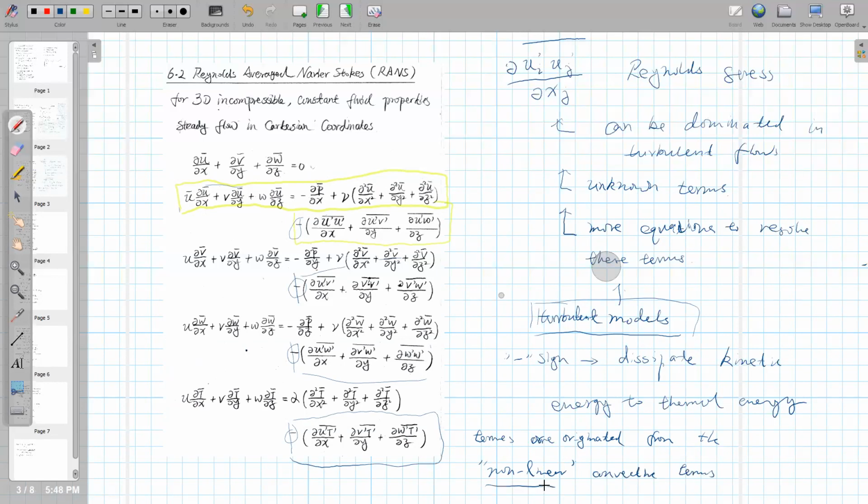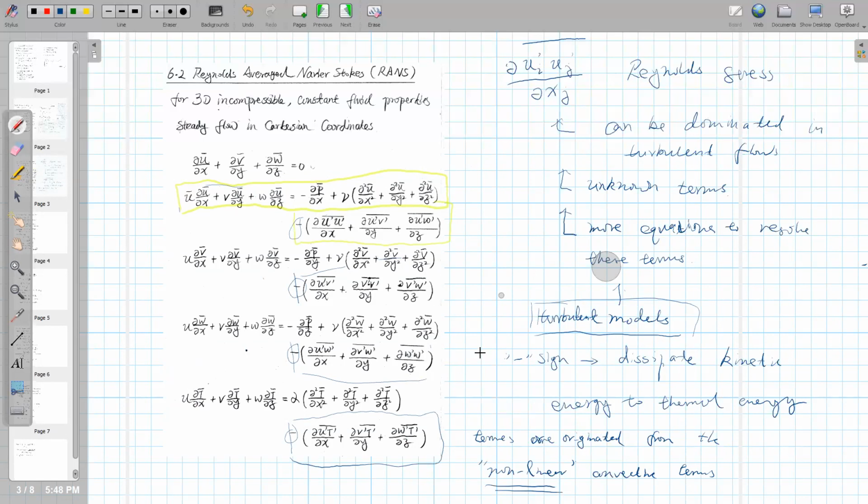This nonlinearity is very important. You see that in the convective term, you have u times u, v times u, w times u. Inside the Navier-Stokes equation, the convective term is usually the only term with nonlinearity. The u prime comes from this u times u. If it were not u times u, but a constant times u, we wouldn't have these terms.